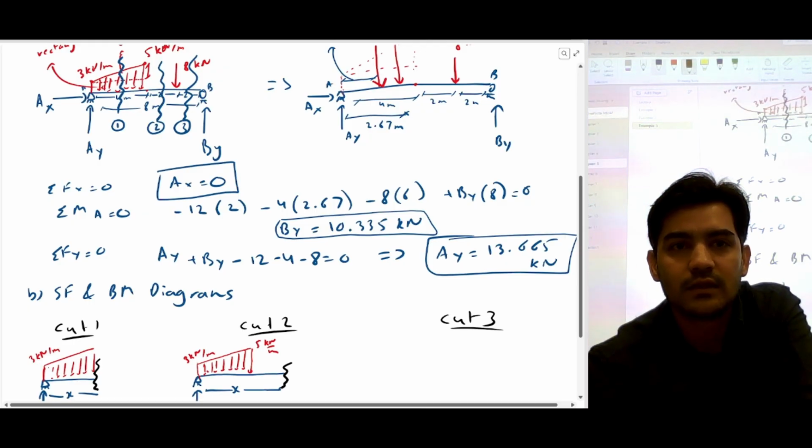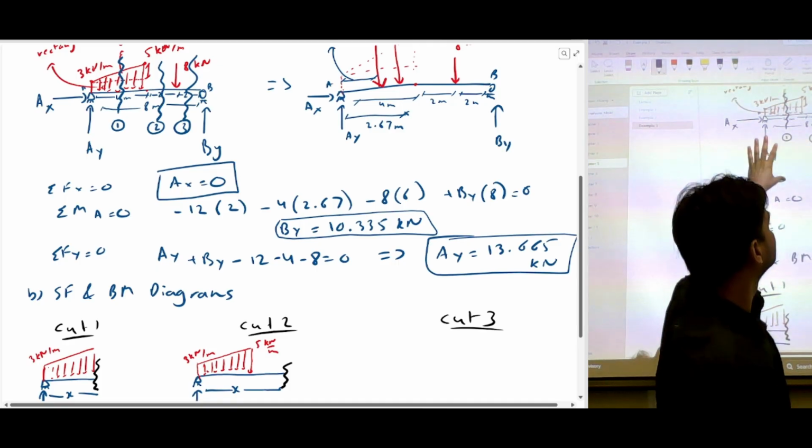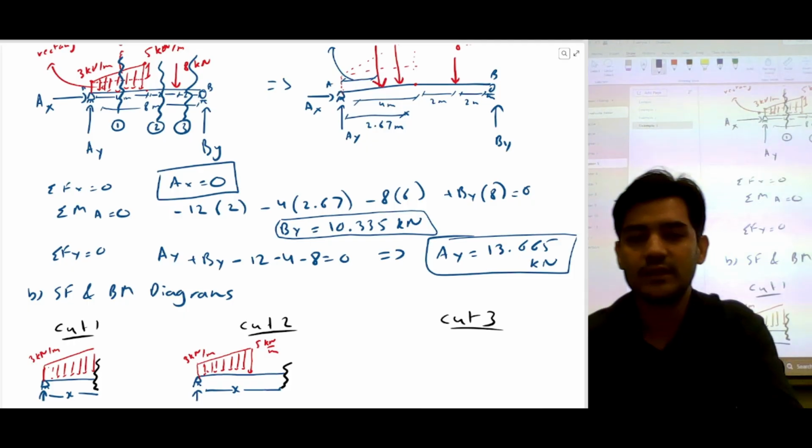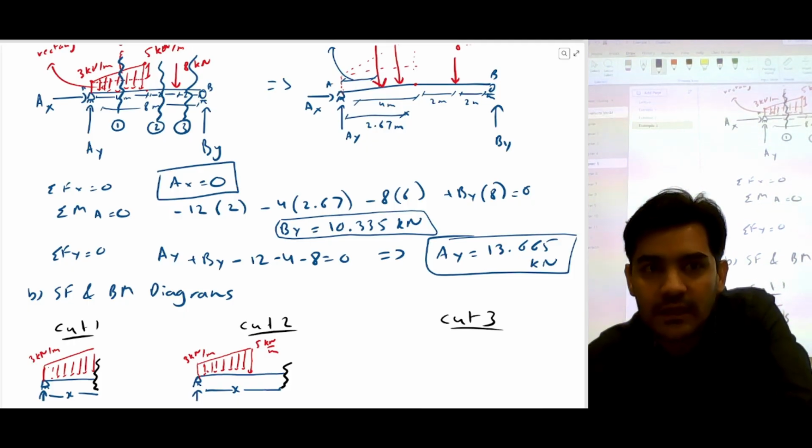And then we're gonna draw third cut. Third cut also, we can either select the first part of the cut or we can select the second part of the cut. So in this case, I'm gonna select the remaining part because it looks easy.